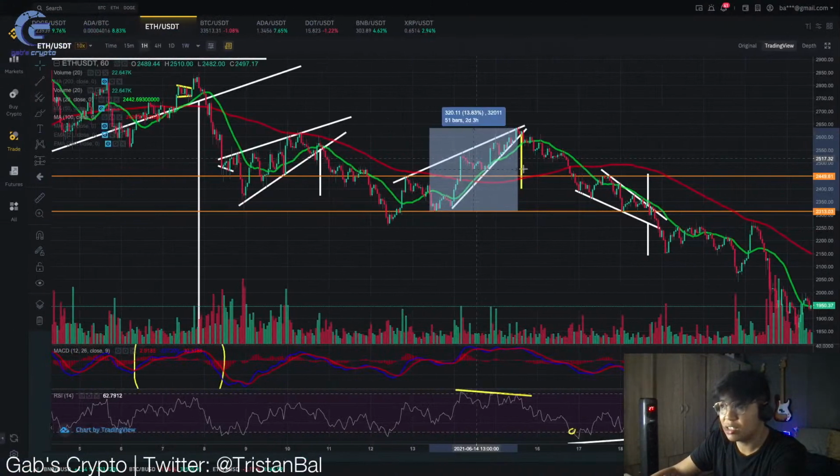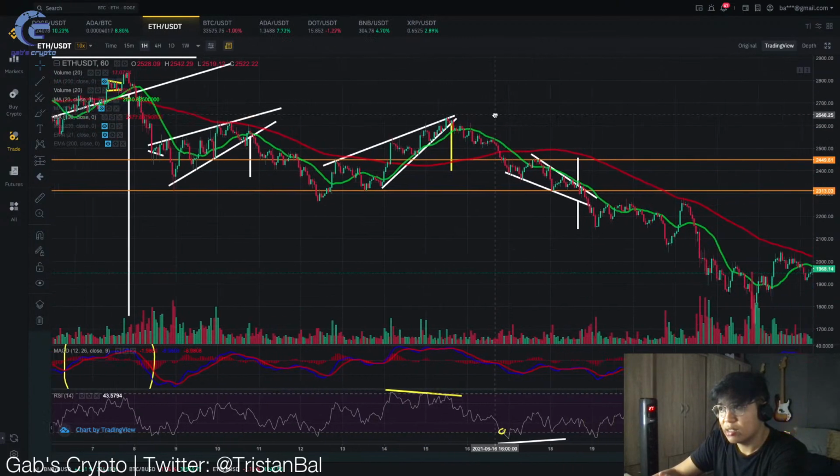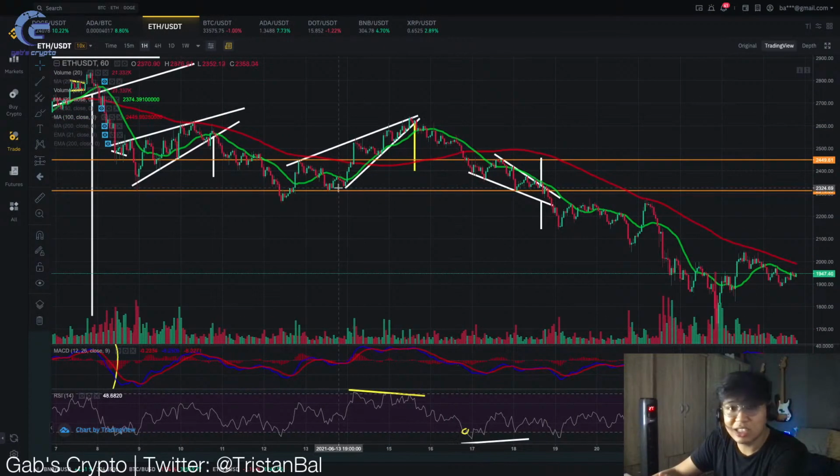So in that case, altcoins like Ethereum, Cardano, Polkadot, BNB, and any other altcoins would perform not worse or bad, but it would indicate that their returns are not as fast as Bitcoin's.